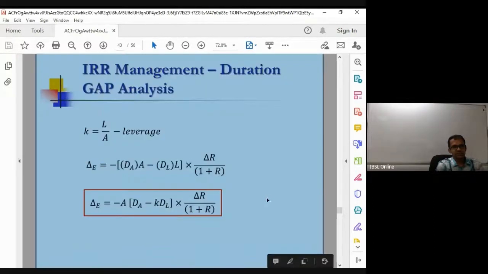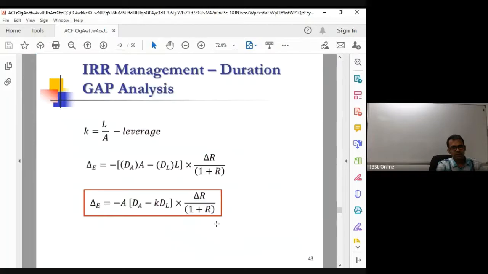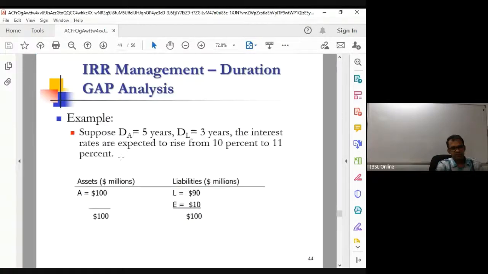So this is an example. How do we use this equation? Assume we have assets with a duration of 5 years. All rate sensitive assets, duration is 5 years.